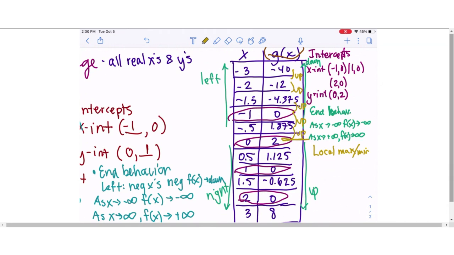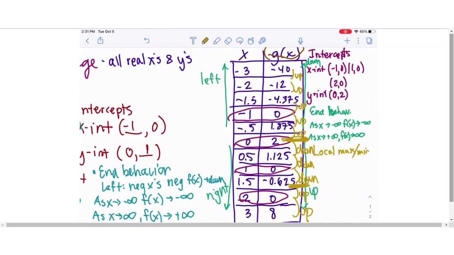Ooh, but then right here it's changing, and now it's going to go down. Between 2 and 1 point something, it's going down. Between there and there, it's going down again, and going down. And then right there again, it's changing, and now it's going up and up. So these places where I can see it changes, that's when we are going to have a local max or a min.